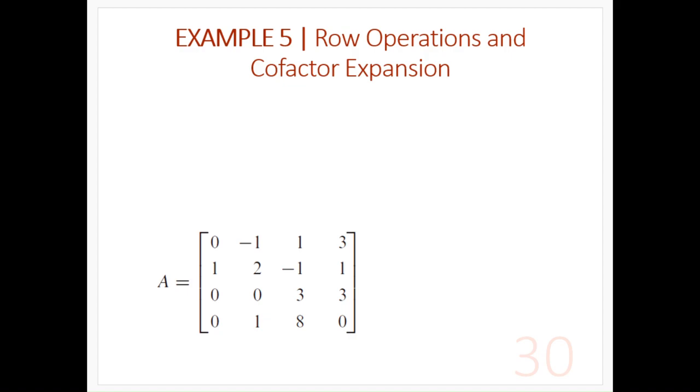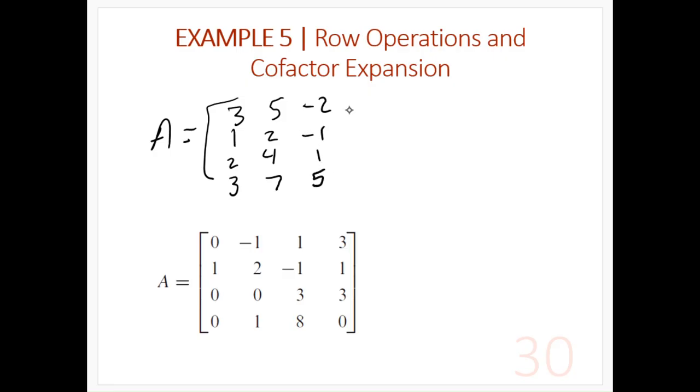Alright, so for example 5, I had to pause a minute and rearrange this a little bit so you could see it. So in example 5, we start off with a matrix that looks like this. Got 3, 1, 2, 3, 5, 2, 4, 7, -2, -1, 1, 5.